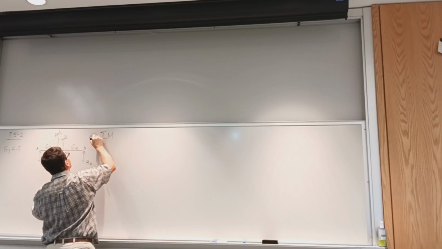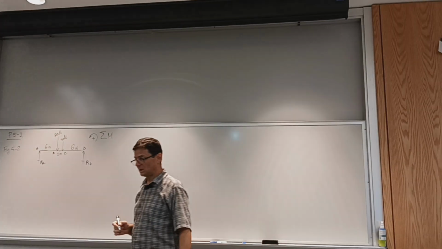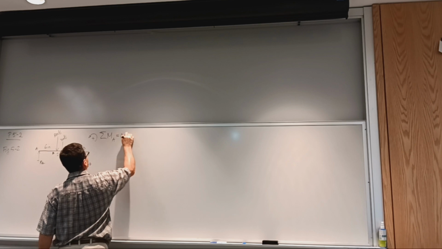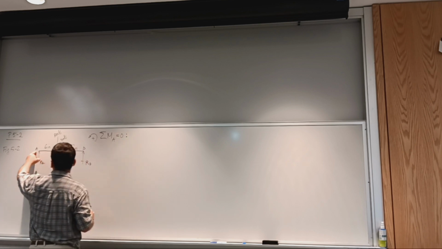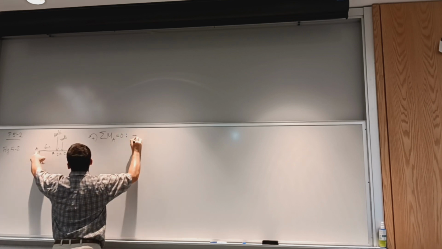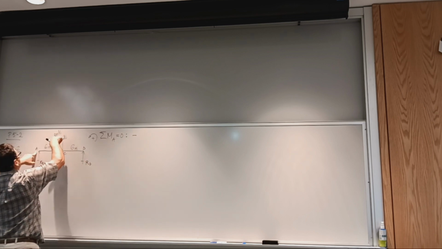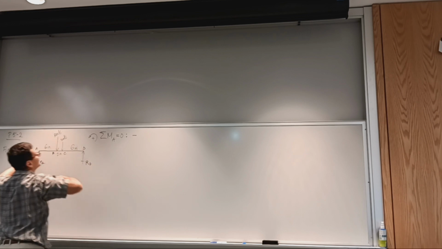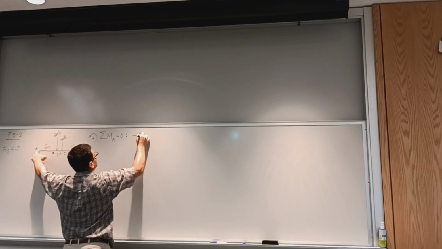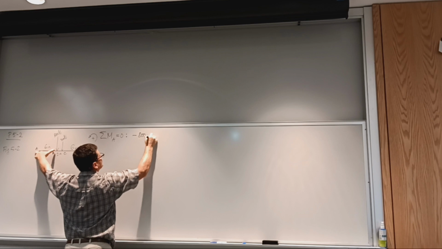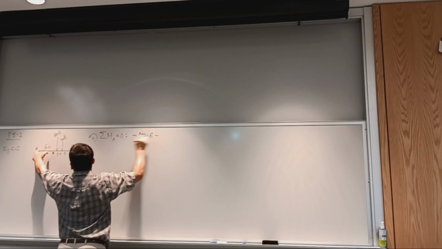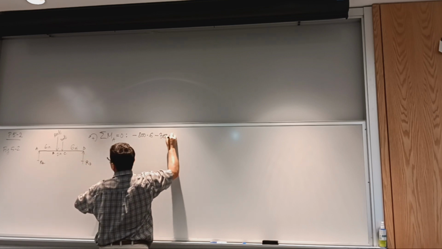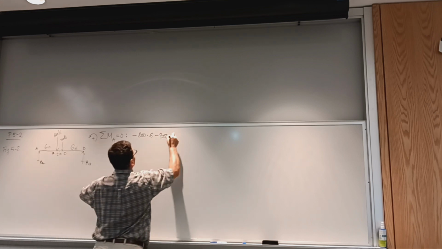My preference for this analysis is to have positive moments counterclockwise. And this again is the sum of moments about A, in equilibrium. So what do we write? Negative, because the 800-pound force tends to rotate the system clockwise, so it'll be negative 800, the force, times the arm, which is 6 inches. I move to the next one, also negative. It's going to be 300 times the arm, 6 plus 2, that's 8.